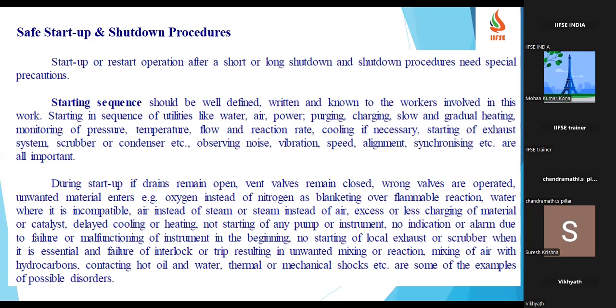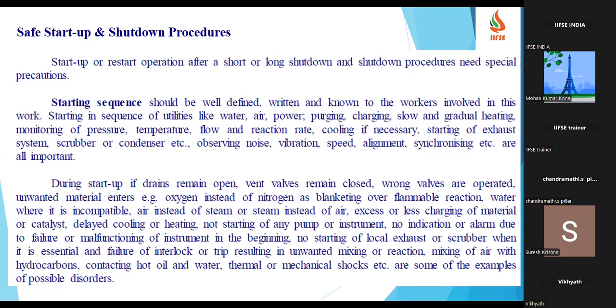The people should know the activity they are performing. And also the starting sequence, like maybe you may start from the water cleaning, then we check the air, and we check the power conditions, and we check the purging, in the sense inert gas purging, then charging of the materials, whether it is properly happening or not, then slow and gradual heating.